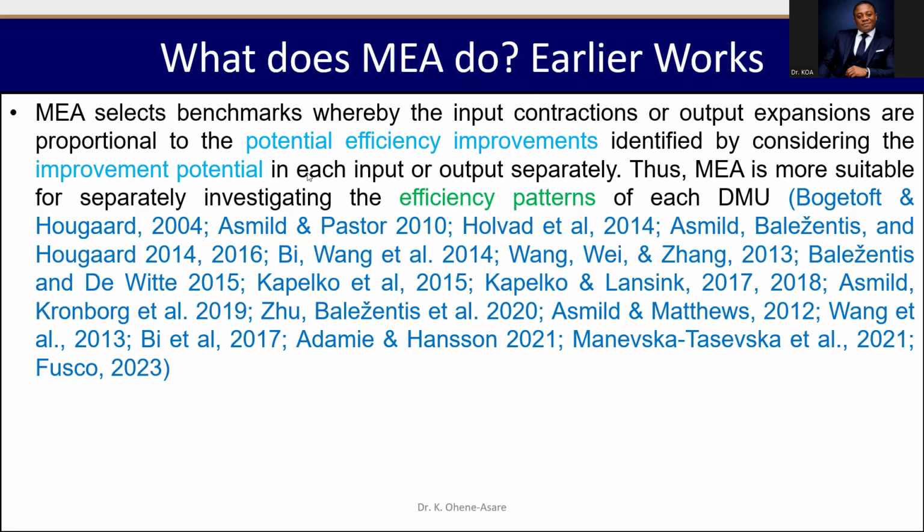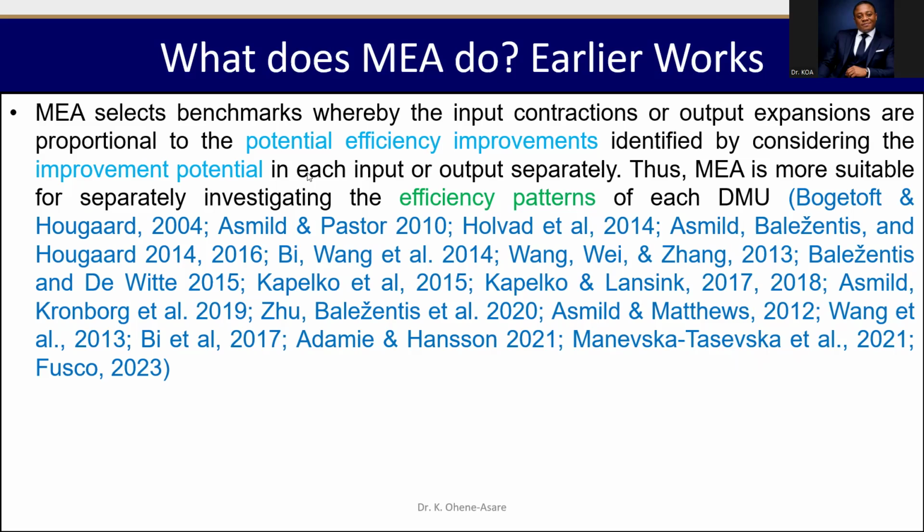The potential efficiency improvement is asking this managerial question: if this particular variable were managed as efficiently as the best performing DMUs, how much could it realistically improve? That's what the potential efficiency improvement is asking. How much could it realistically improve?